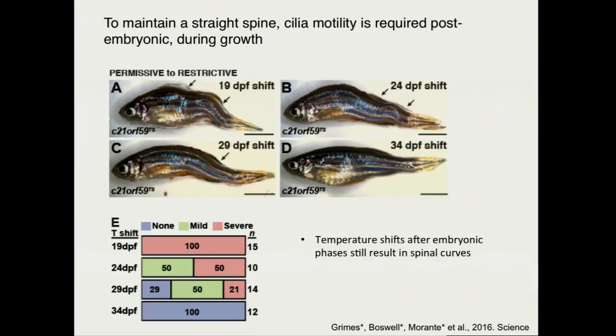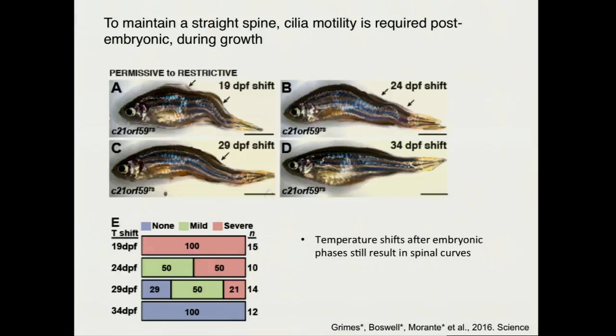We were also able to use temperature shift experiments, owing to the temperature-sensitive nature of the kurly mutation, to try and define when, during development, cilia motility is required to maintain a straight spine.